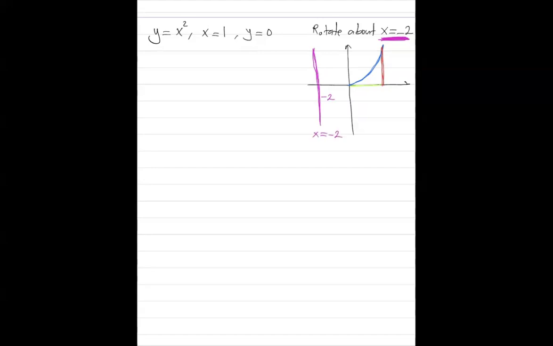Okay, after we do the rotation, this is what we're seeing. We're taking this region, and here we have this.